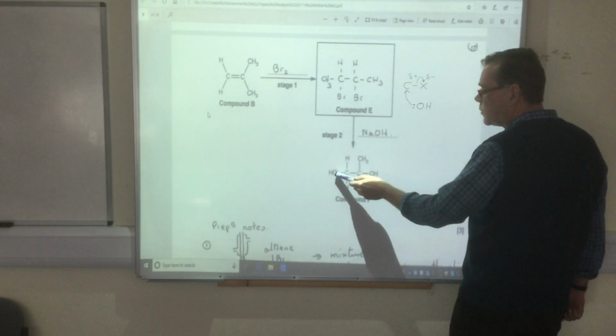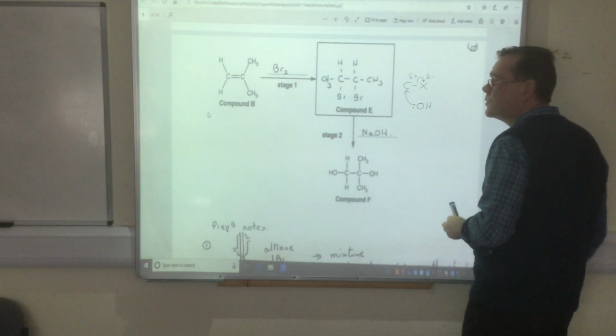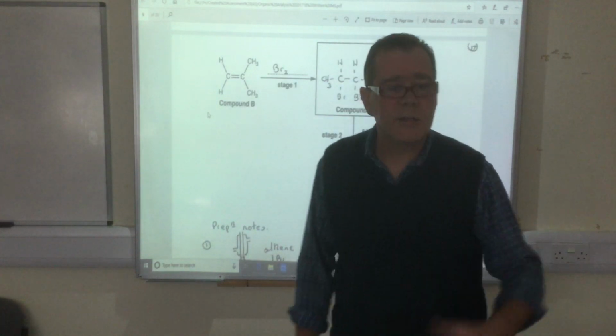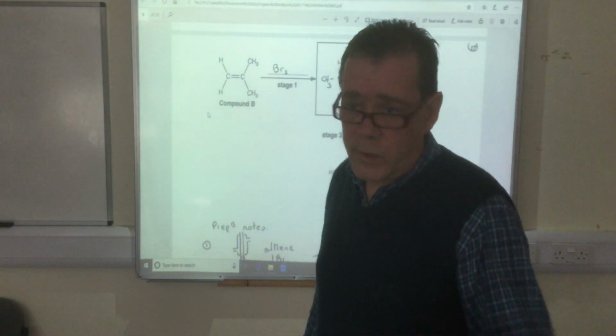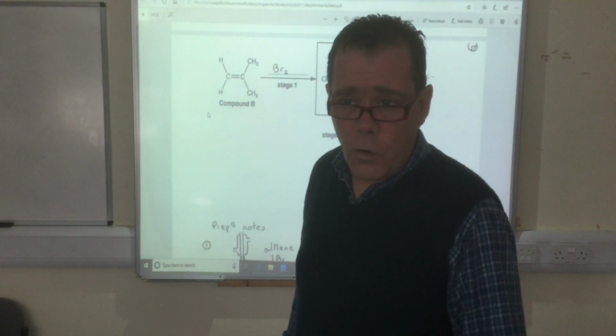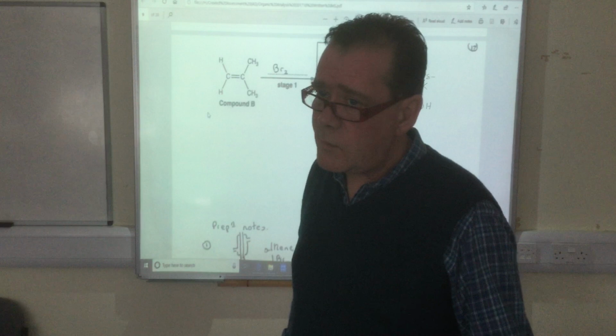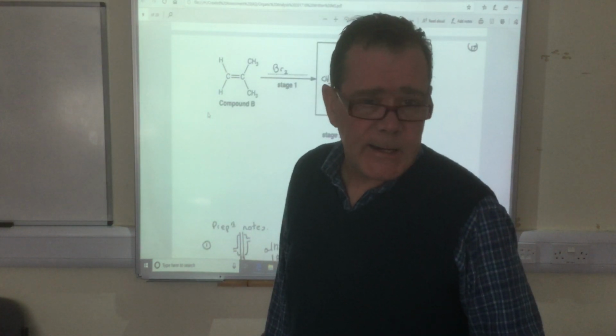The thing is, they've stuck these on the sides and I've stuck these on the bottom, but that makes no odds. That's the way it is. Swapping a haloalkane group, if you will, substituting, swapping, call it what you will, for an OH. Not the same route as hydrating an alkene, is it?